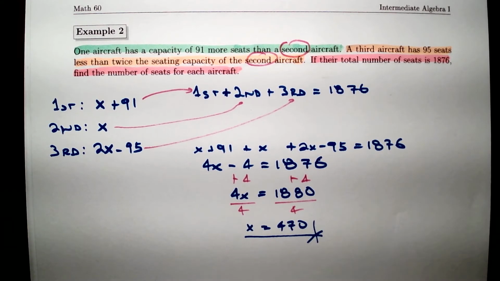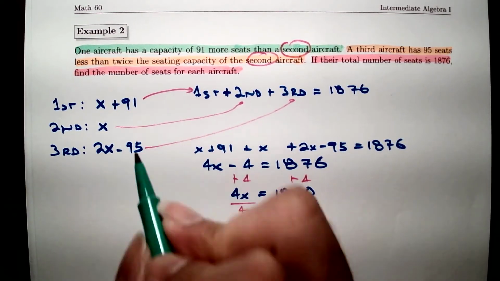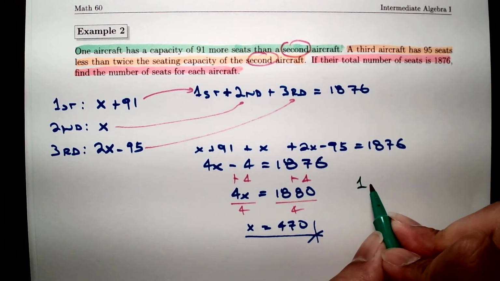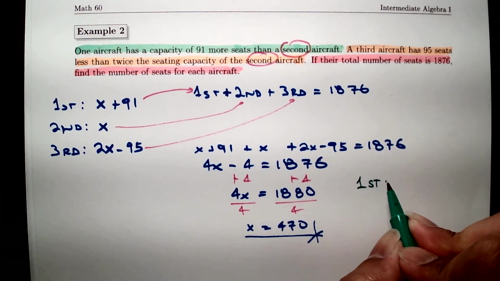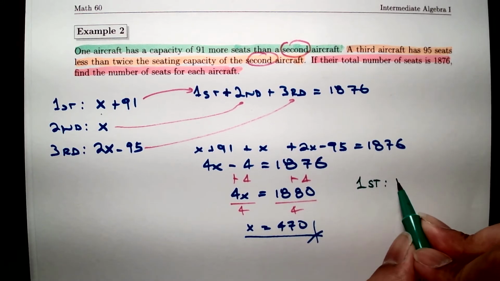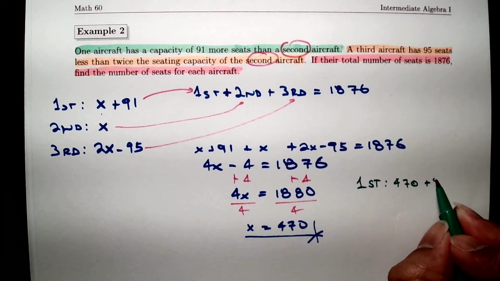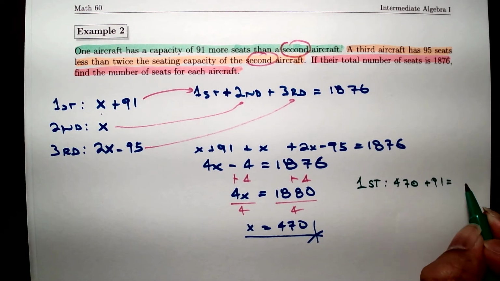So that's only the value of x. That's not the final answer to this. So we need to go back to these quantities here. The first aircraft is x plus 91. That is 470 plus 91, and that's a total of 561.